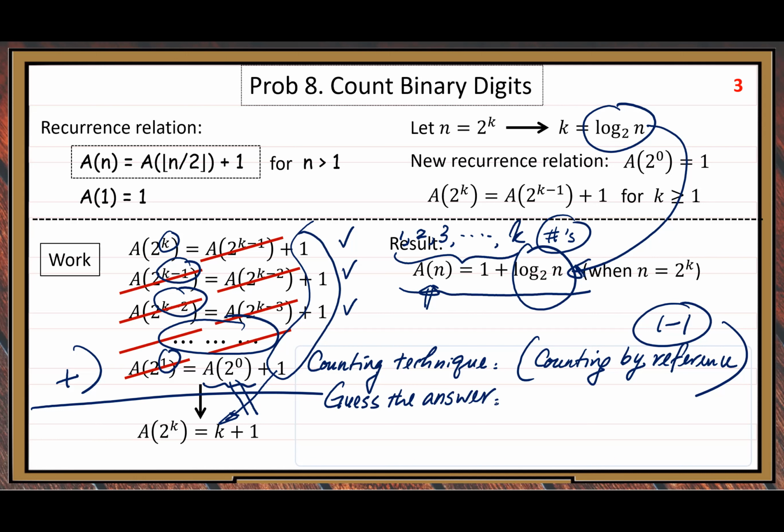Let's do this step, because remember, we have a guess and verify strategy from before. If you can make a good guess, then later we can verify if our guess is correct or not. So the next step, we'd like to apply that guess and verify strategy. So let's make a guess.